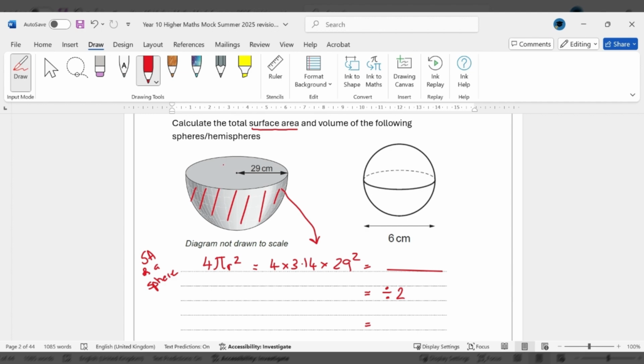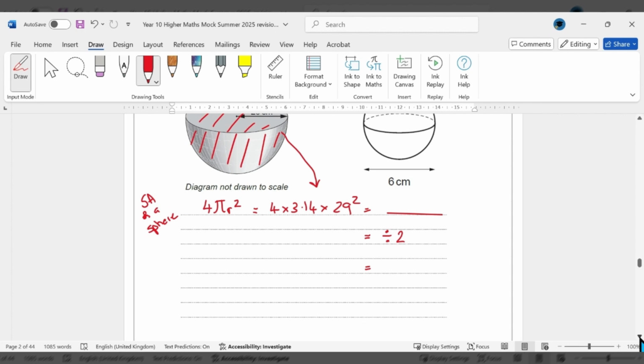If I were wrapping this, I'd also need the area of the top. So once I've got the area of the curvy bit of the hemisphere, which is half of the total surface area, I then need the top, which is a circle, so it would be pi times the radius squared again. Boom. And then I'll add these together: the area of the curvy bit plus the area of the top.